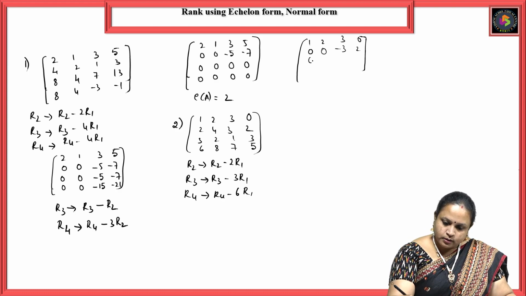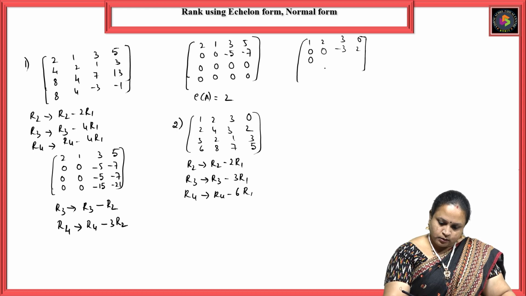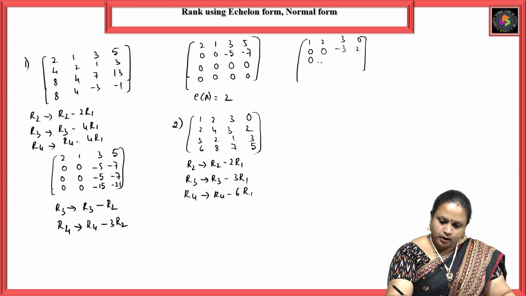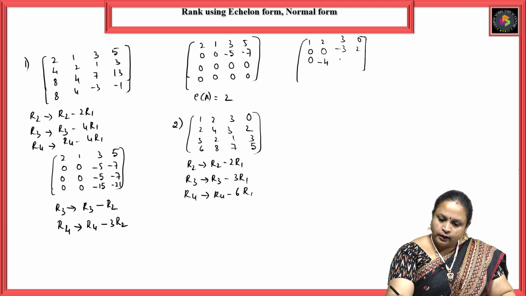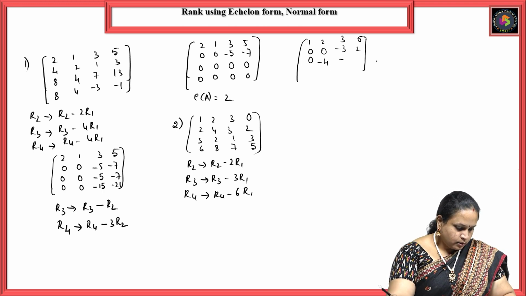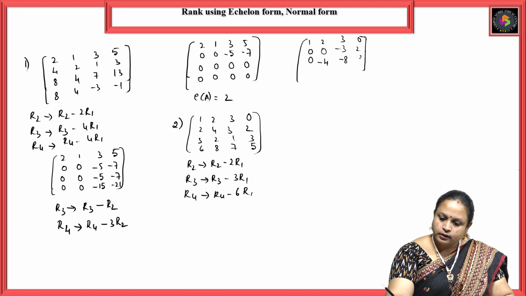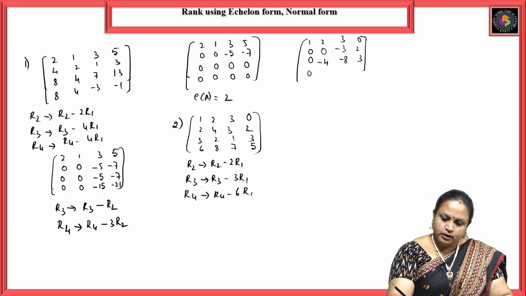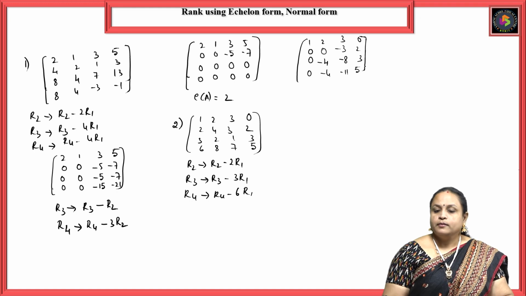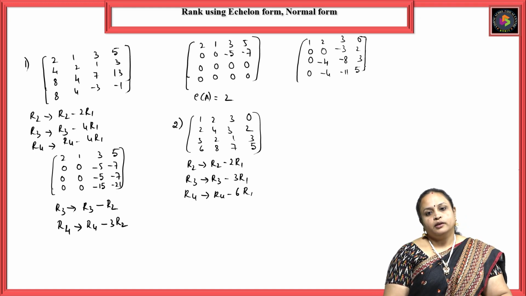So, it is 0, 2 minus 6 minus 4, and it is minus 8 and 3. Then coming to the R4 minus 6 R1, it is 0, minus 4, minus 11 and 5. So, this is how we get the operations.